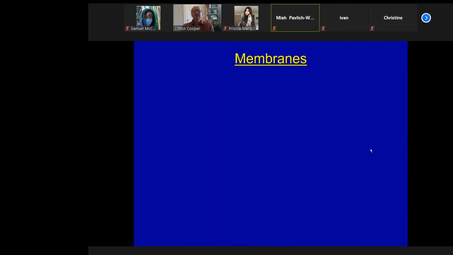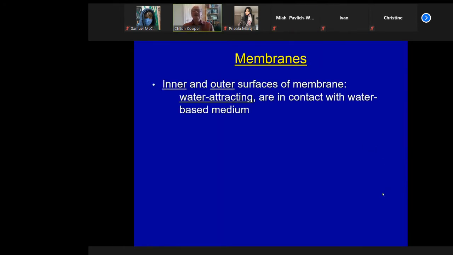So the membranes, they have two surfaces. They're contacting two different water-based media. One of them could be the cytoplasm in the cell. The other surface could be touching fluid inside of a compartment like a mitochondrion, or it might actually be fluid outside the cell.